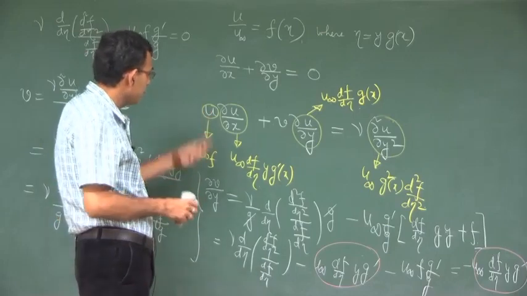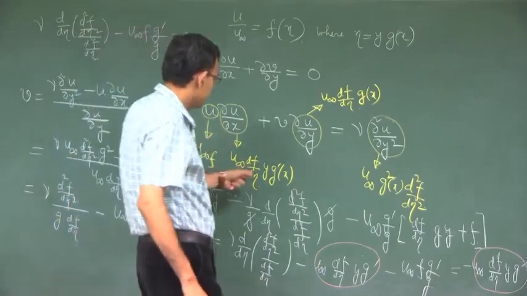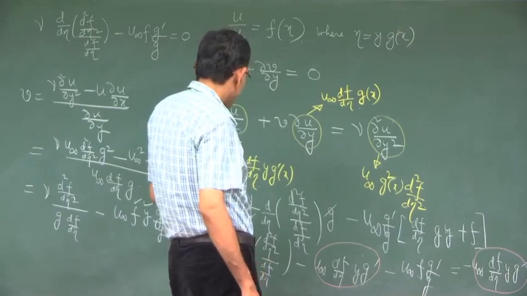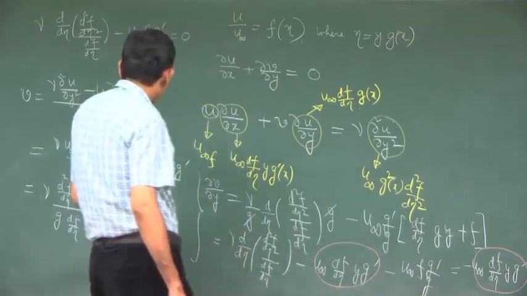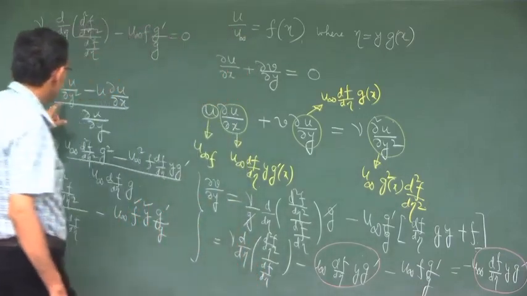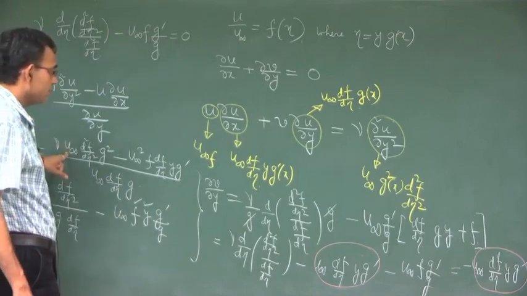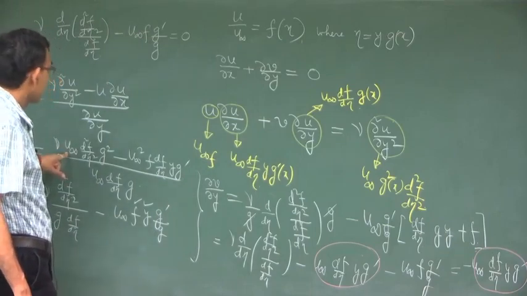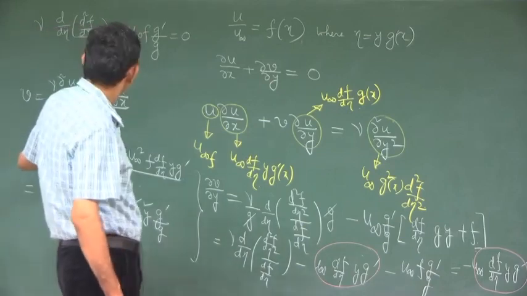This is u infinity f, this is all right. So, del v del y. So, v is nu u infinity del 2 u del y 2.